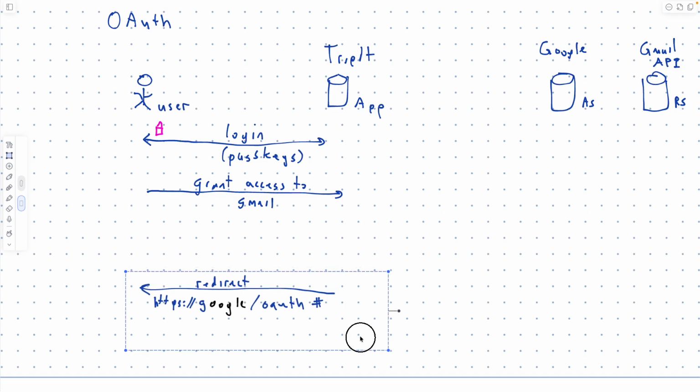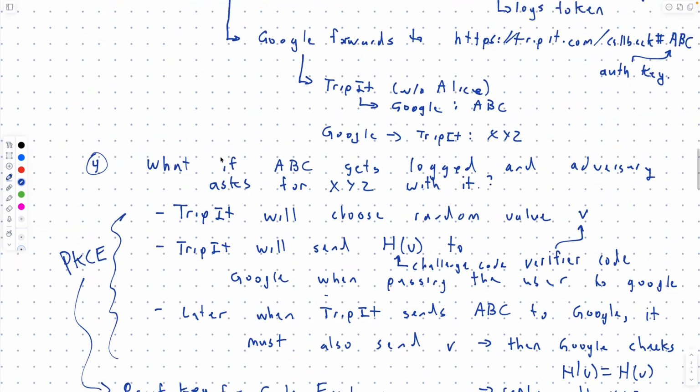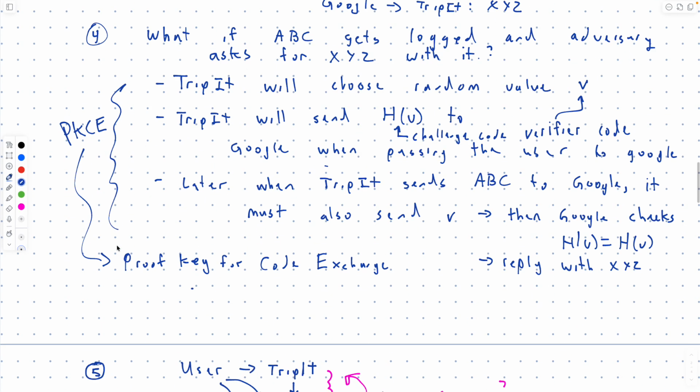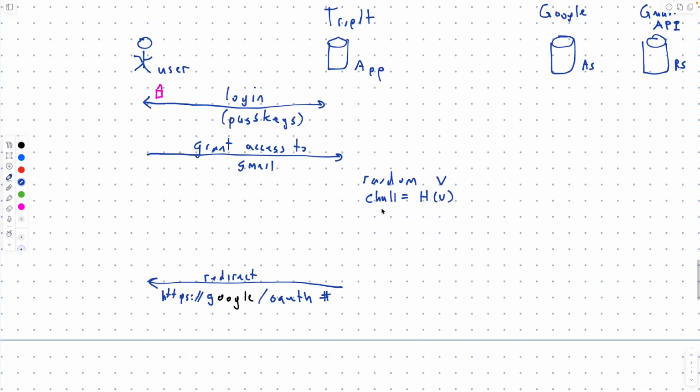So let me move this down and just here write down what I need to do. So what TripIt will do is it will choose a random V, and what it's going to do is it's going to set challenge equal to the hash of V. So that was the protocol here, this PKCE. Okay. And the other thing it's going to do is to bind these things together, it's going to create the state as well.